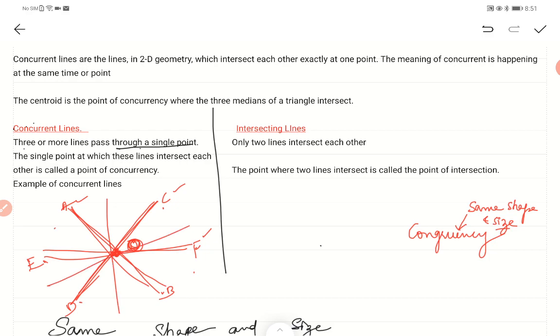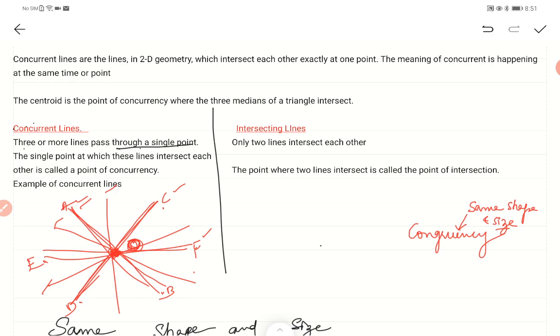You can have many lines passing through the single point. They are in a plane, in 2D geometry. In a plane, if all the lines pass through the single point, you call them concurrent lines.